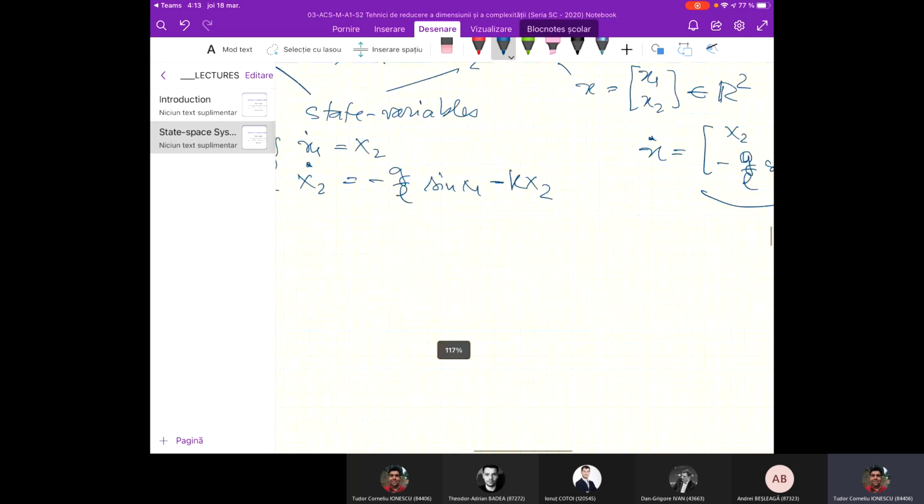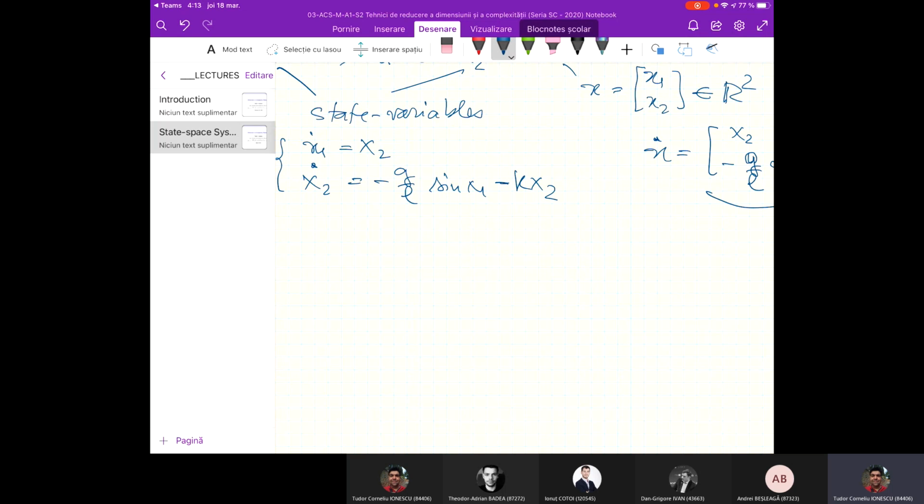So we compute the equilibrium points, or the stationary points of this system. That means x dot is 0, when there is no dynamics, when everything is in steady state, still static, non-dynamic.